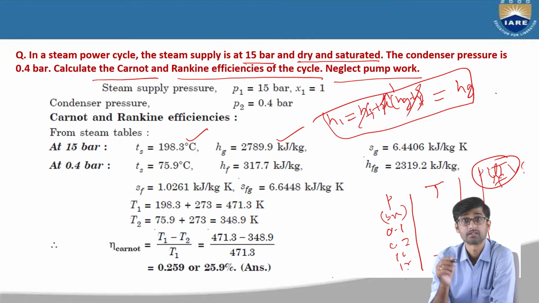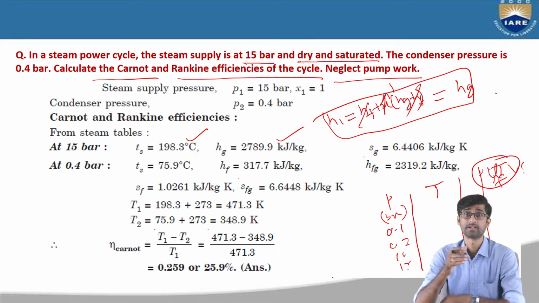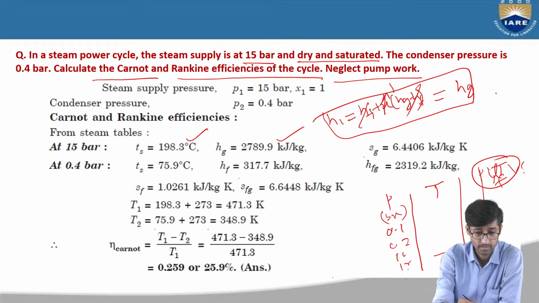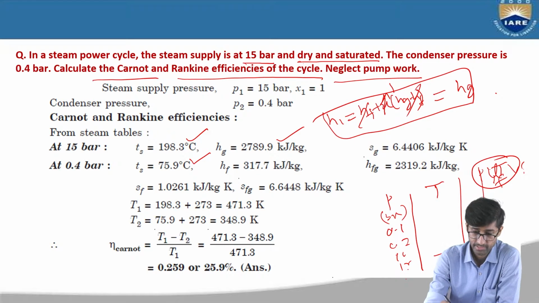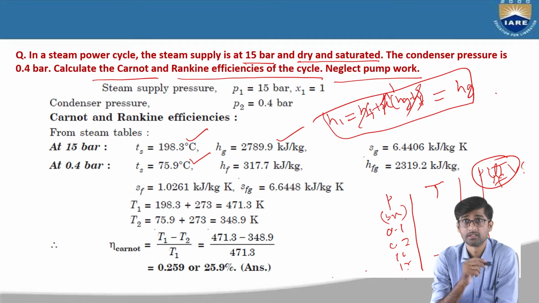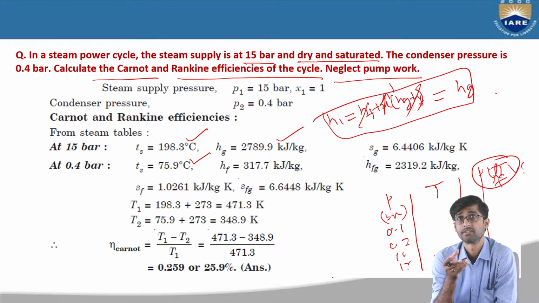Again, at pressure 0.4 bar, that is the condenser pressure, what is the saturation temperature from the steam table? This is 75.9 degrees Celsius. Now, what is HF? In the condenser at this pressure, it is in the liquid region, right? So we are considering only HF. There is no Hg because the dryness fraction is 0.